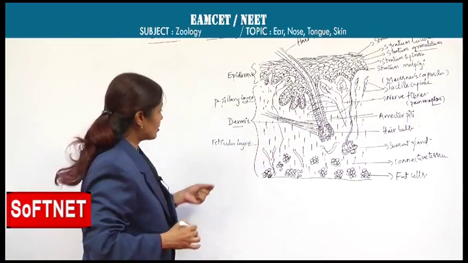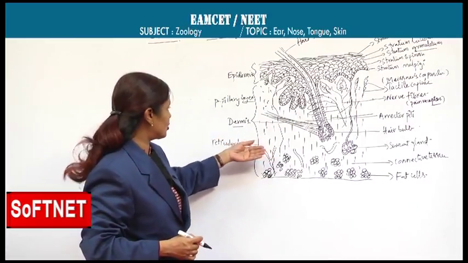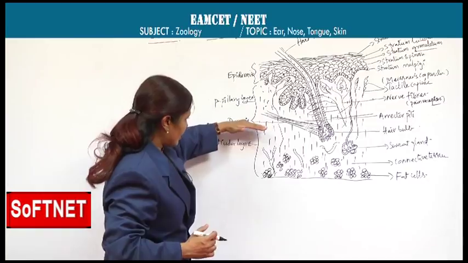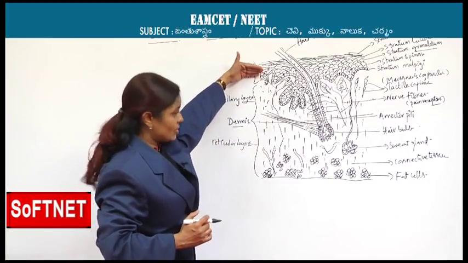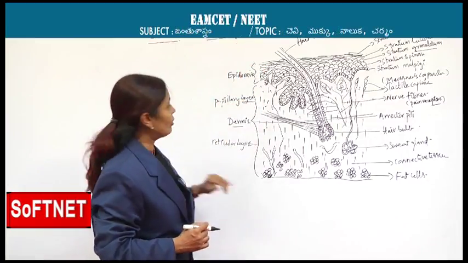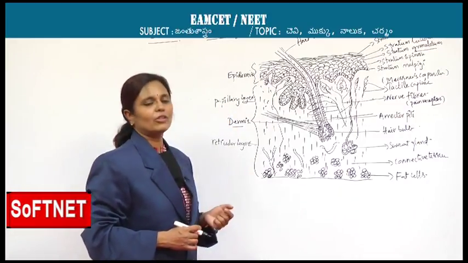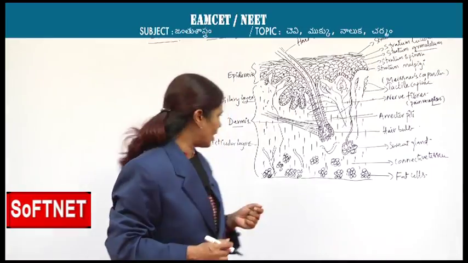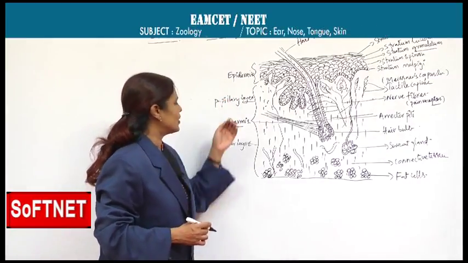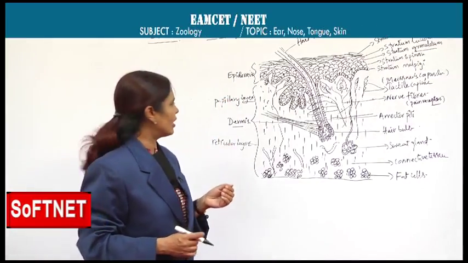So, the dermis, which is basically made of connective tissue, has two regions, an upper region that is close to the epidermis or present immediately below the epidermis, you call it as papillary layer, and the lower layer you call it as reticular layer. Now, let us see the difference between this papillary layer and reticular layer.